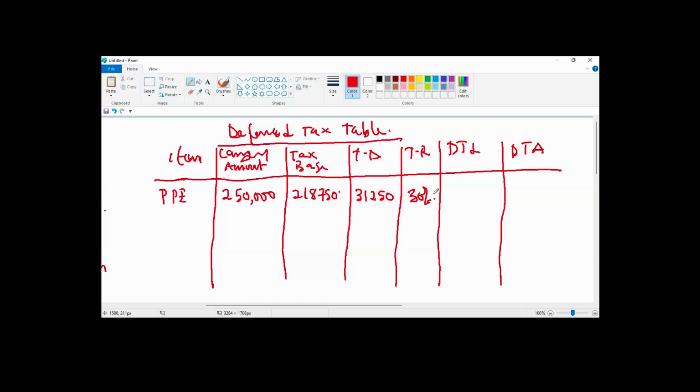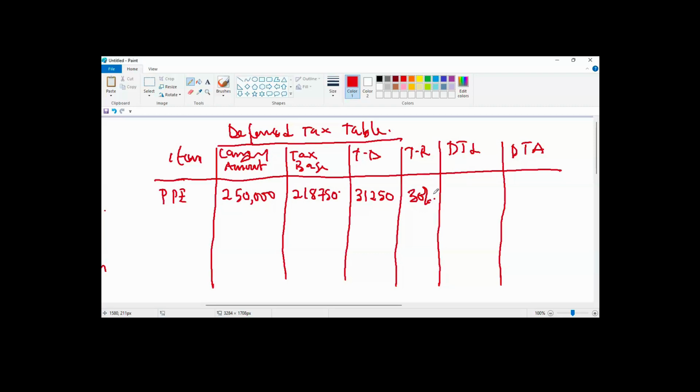I will now interpret. Is it a deferred tax liability or deferred tax asset? Deferred tax liability. Somebody said asset here. How do I know deferred tax liability or deferred tax asset? You said when the carrying amount of an item is higher than the tax base, it will lead to deferred tax liability, not assets.